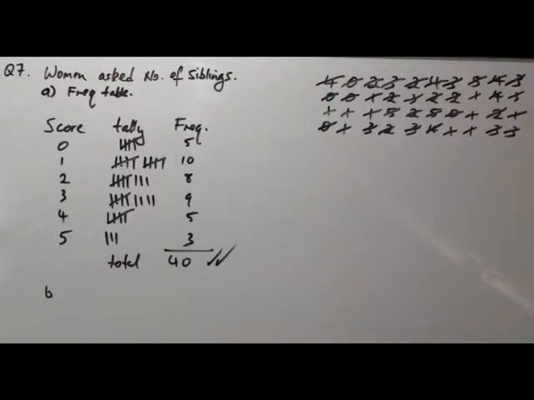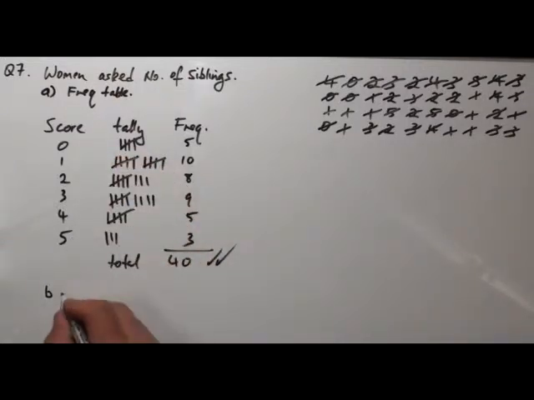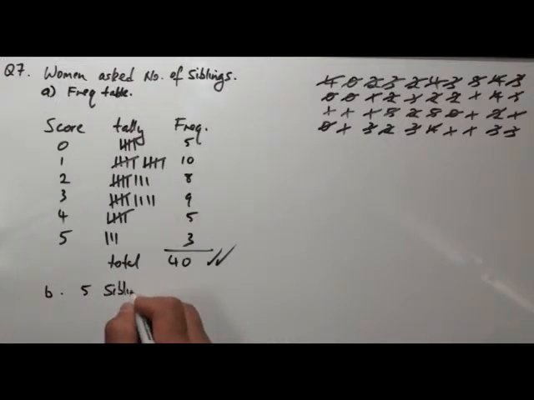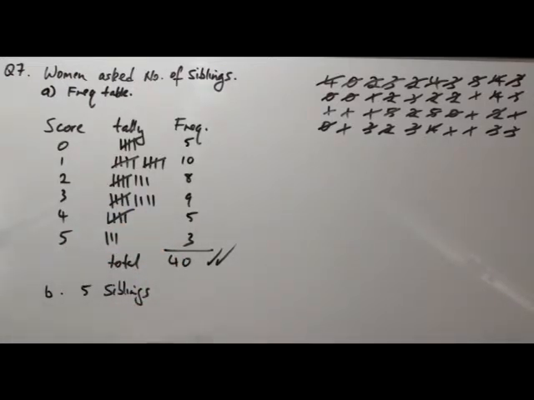And now the next part asks what's the highest number of siblings, and you can see the highest number of siblings of course is 5, so the highest number of siblings is 5 siblings. In this case the score really represents the number of siblings. The next part C says what was the mode, and in brackets the most frequent score.